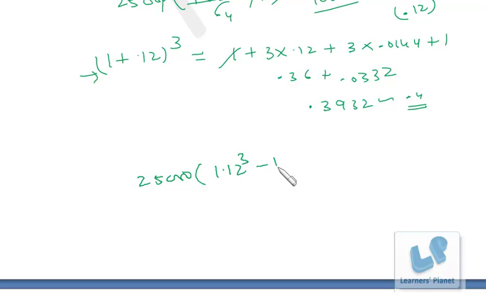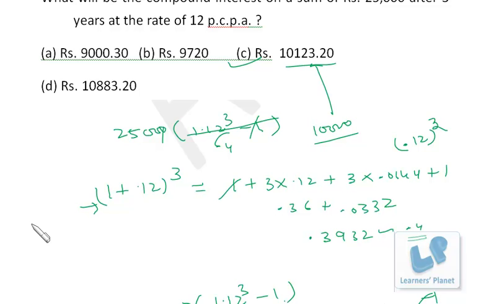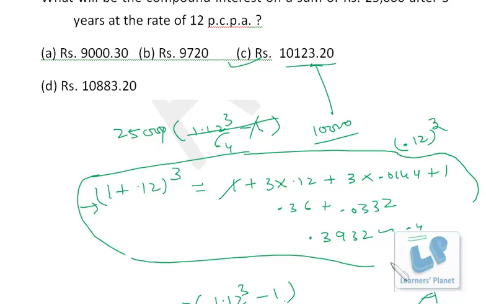So that 1 is already deducted, so that's 3 into 0.12 and plus 3 into 0.0144. So this will give you 0.4 as the calculation, and the 1 over here is already deducted. So directly you will be able to do this. Okay, so avoid this step. This is just for your understanding. Okay, I hope that's clear to you.